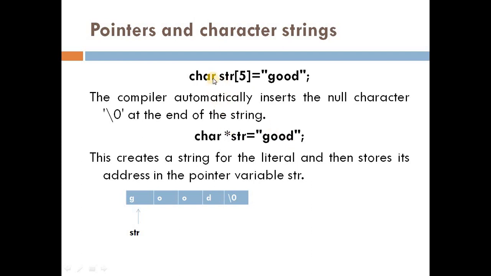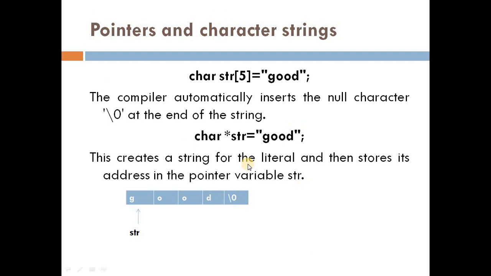Here we have not mentioned an asterisk, here we have mentioned an asterisk. So in this case we have declared a character string as well as initialized it. This creates a string for the literal and then stores its address in the pointer variable str.